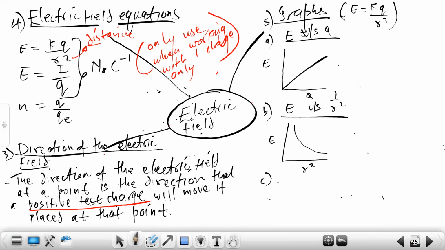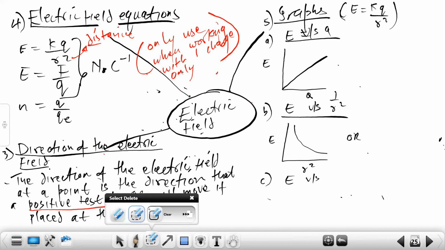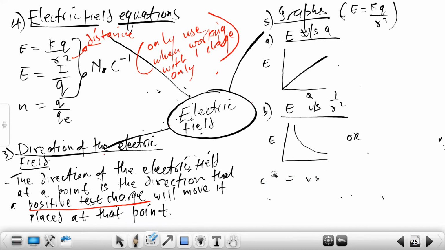And then I will draw for the next one, which is now E versus, or the very same one, we can just say, if we draw now for the r squared, we can easily say this one is for r squared, and then we can have the same one, which is a straight line, but this is now E over 1 over r squared.